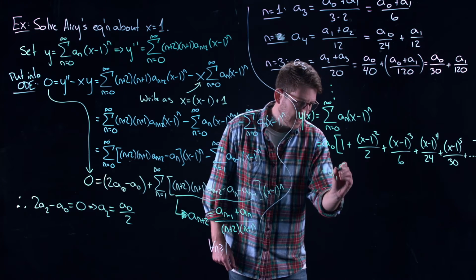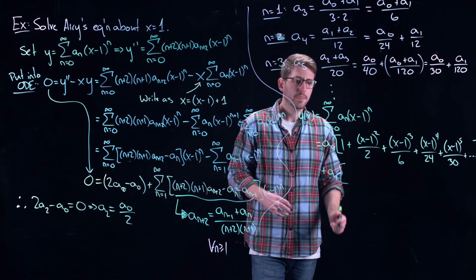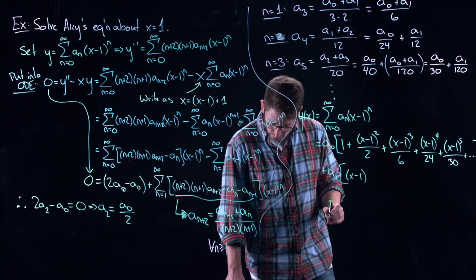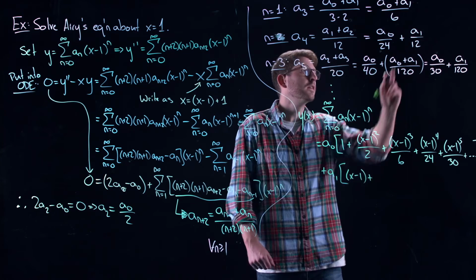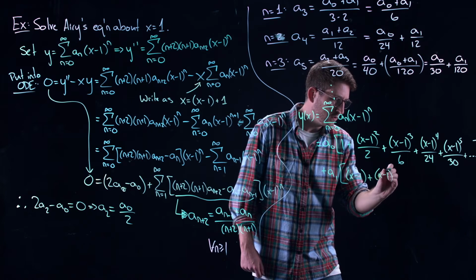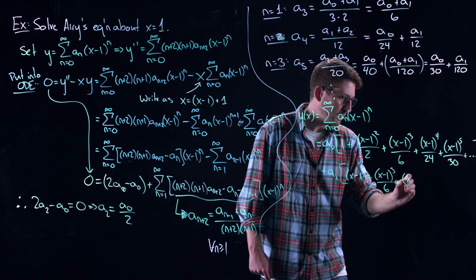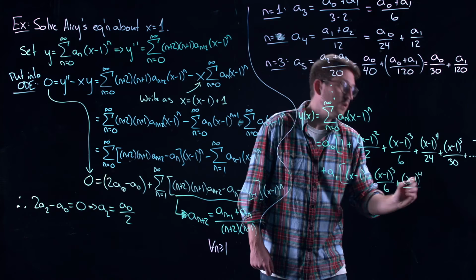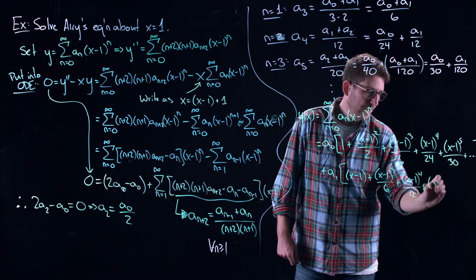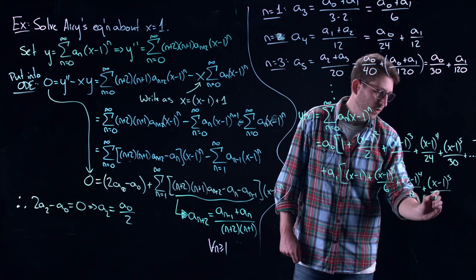Same thing, plus a1 times x minus 1, that's the a1 term, plus, now the next one I see is on a3, so I get x minus 1 cubed over 6, plus x minus 1 to the 4 over 12, plus x minus 1 to the 5 over 120.